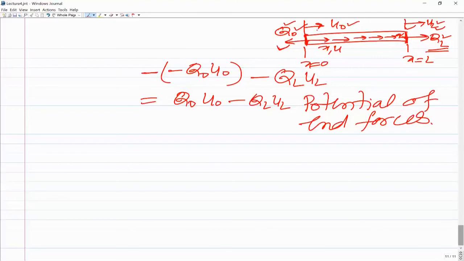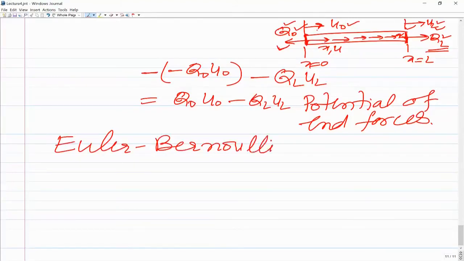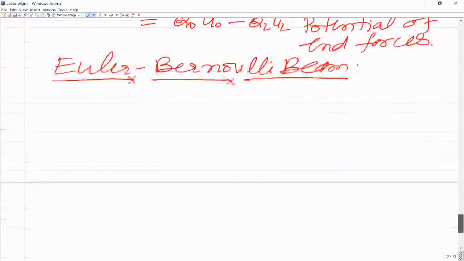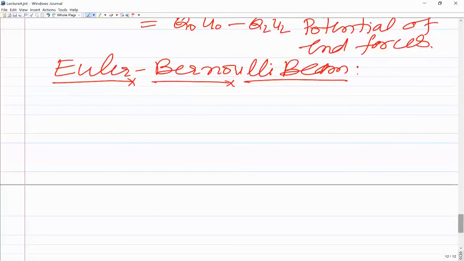For that, let us now try to arrive at the integral functional. So next is the Euler-Bernoulli beam. I know there are assumptions in that differential equation. More about these various assumptions will come when I discuss the finite element, and maybe some part when I do the physical interpretation.